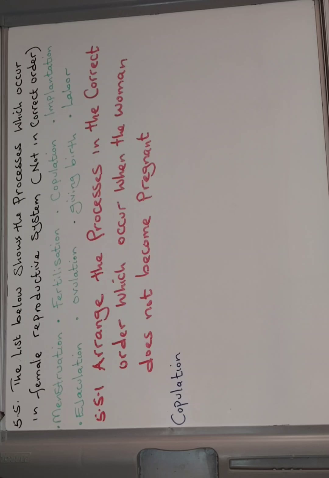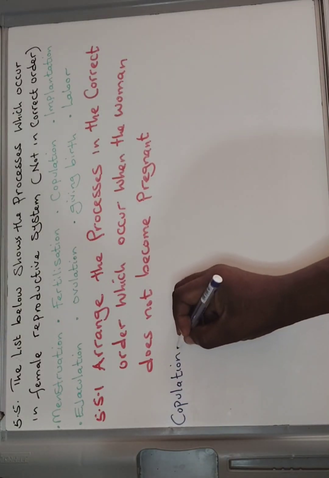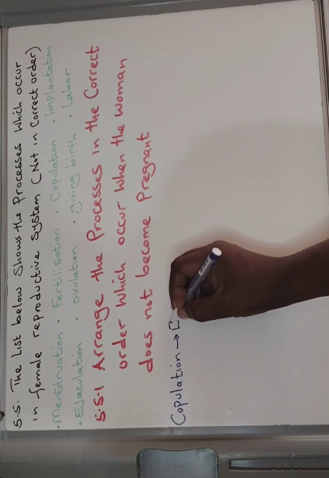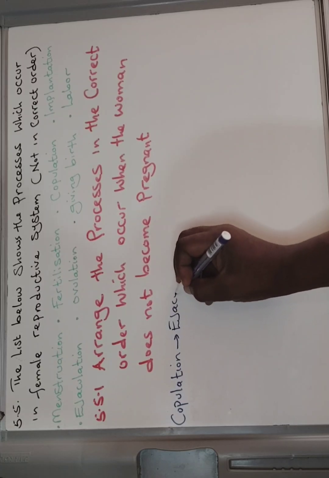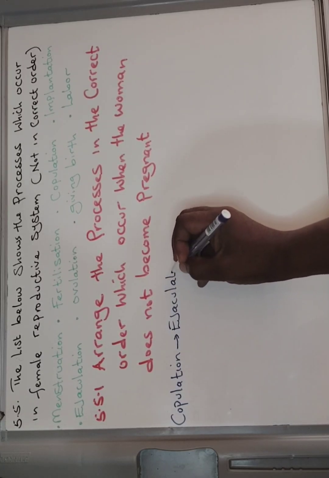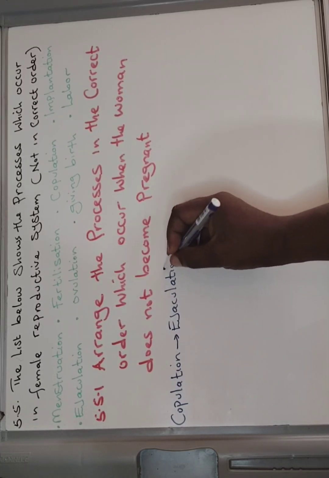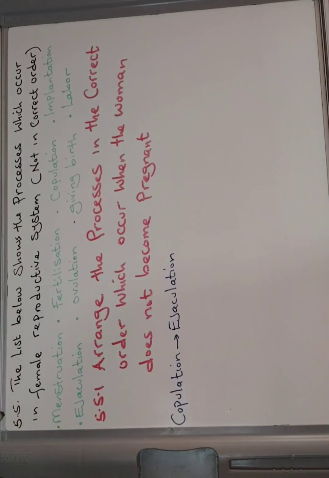Some people call it the process of having sex. After copulation, what happens? During copulation, something happens. It's ejaculation. This is the process of releasing sperms from the male organ.